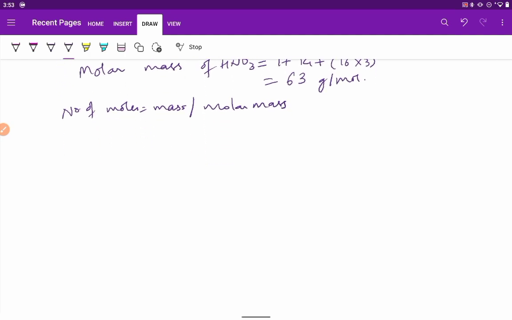Therefore, mass will be number of moles into molar mass.